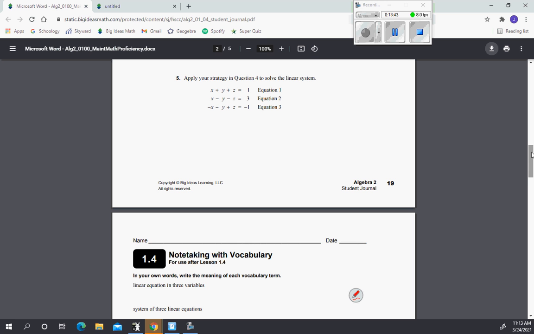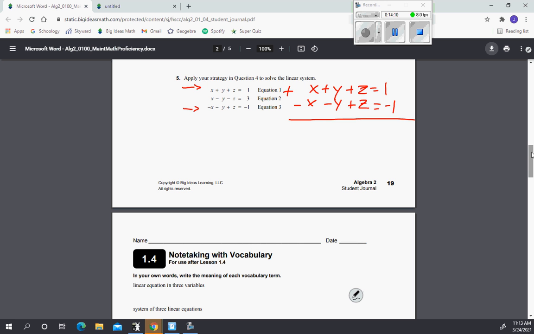I'm going to take this equation and this equation, just because x comes first. x plus y plus z equals 1, and my bottom one, negative x minus y plus z equals negative 1. And I'm going to add those together.